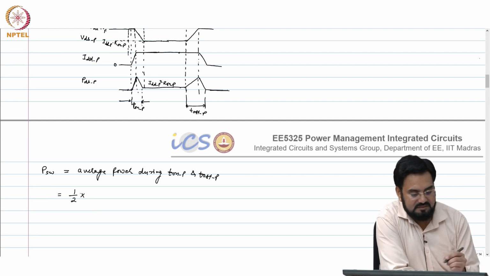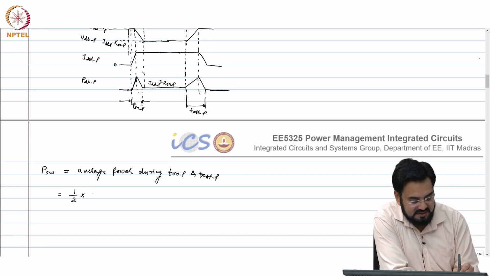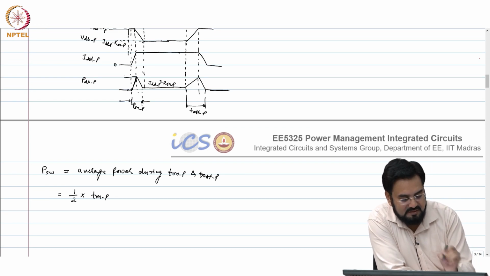So, what is the voltage? The base is nothing but T on P. What will be this peak?